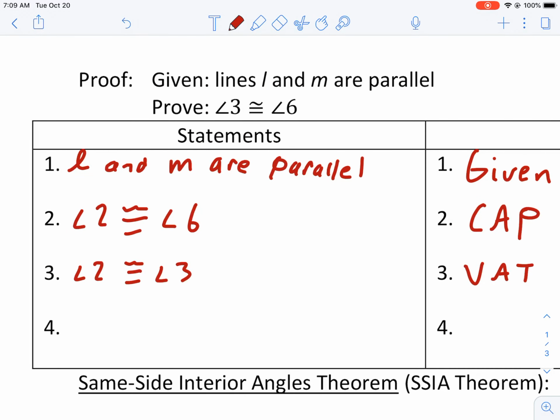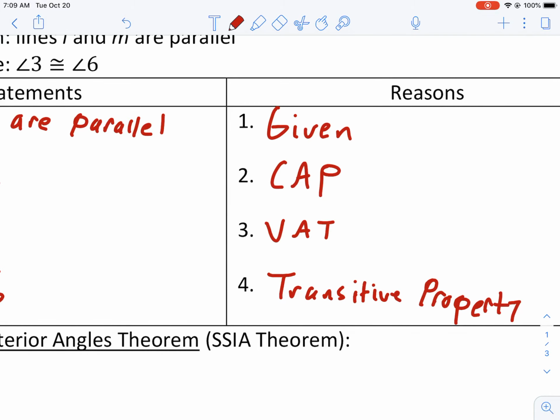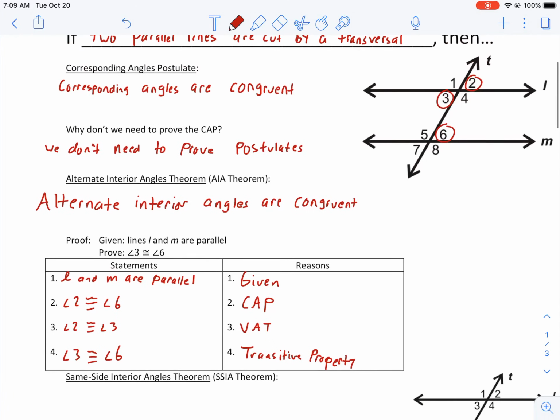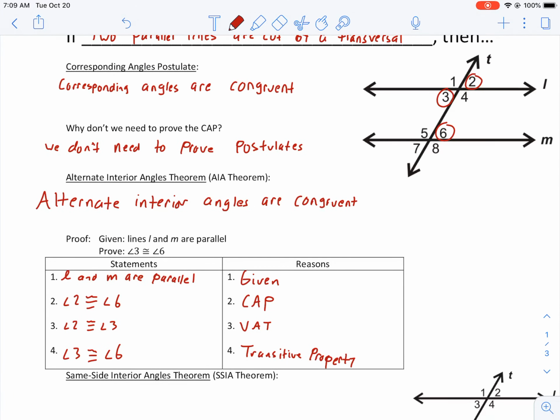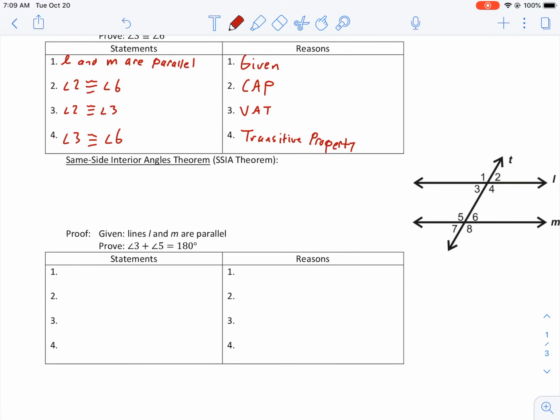We've got 2 is congruent to 6, we've got 2 is congruent to 3, so now we can say 3 is congruent to 6, and that would be by our good old friend, the transitive property. So because we knew the corresponding angle postulate, we were able to use that to prove that alternate interior angles were also congruent. All right, so we got a nice little proof there.